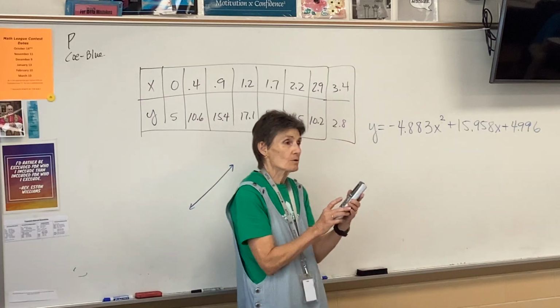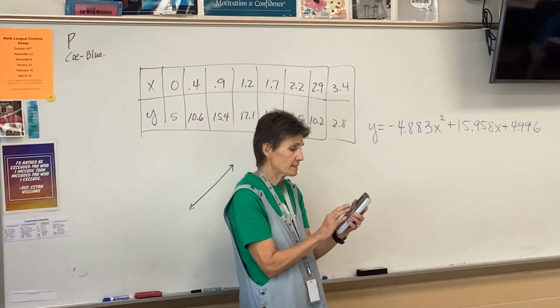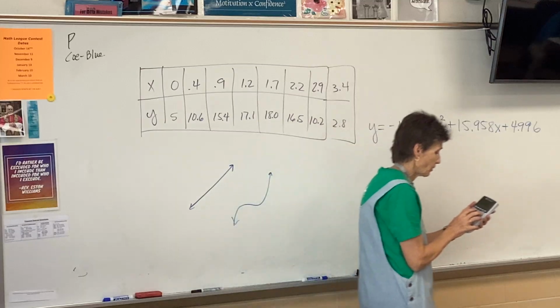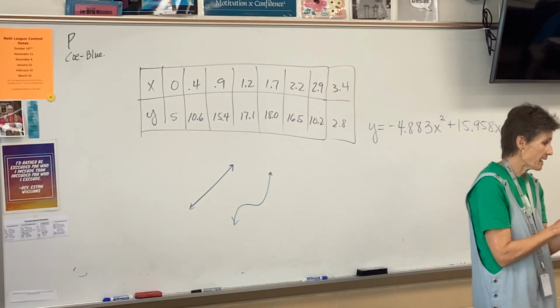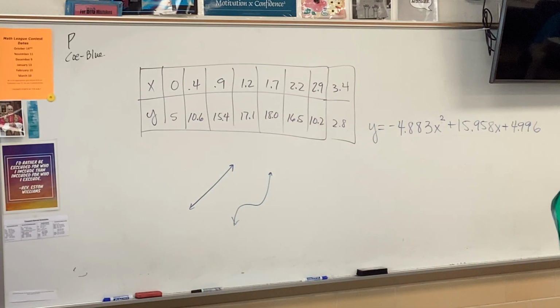All right, so you can do that once you have all your points in. Then you're going to go to stat again, calc, and go down until you find ln reg, logarithmic regression, ln.